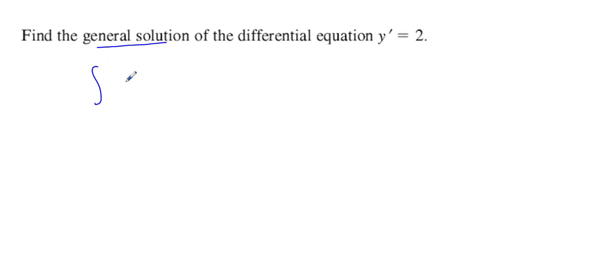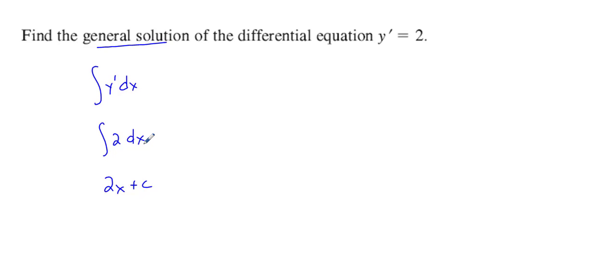Take the antiderivative of y prime dx. Y prime is 2. And what's the antiderivative of 2? With respect to x, 2x plus c. If we took the antiderivative with respect to t, it would be 2t plus c, right?